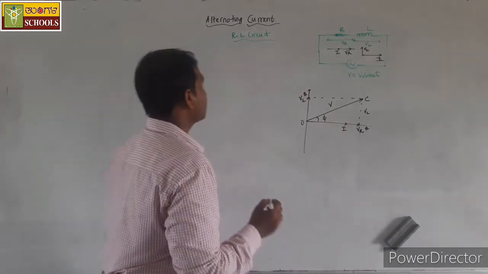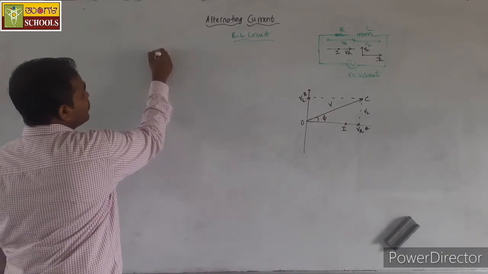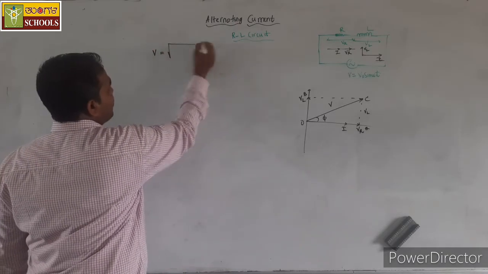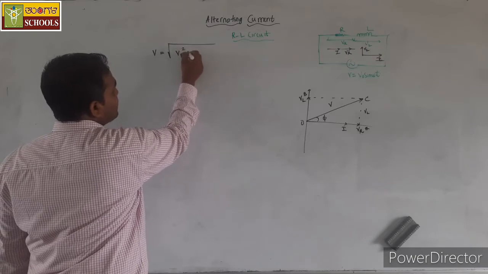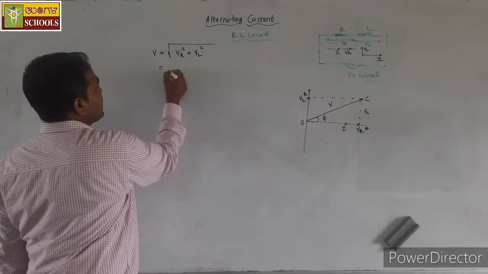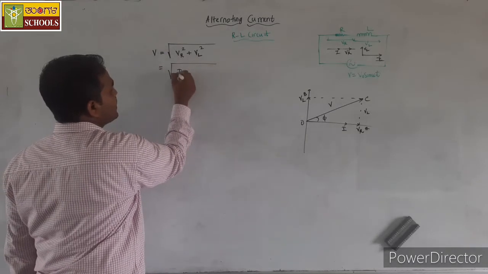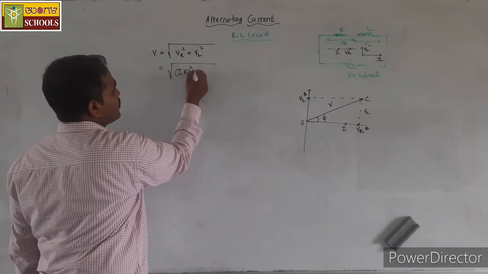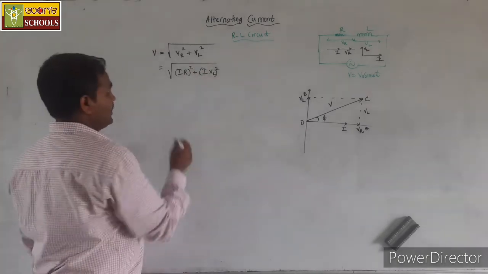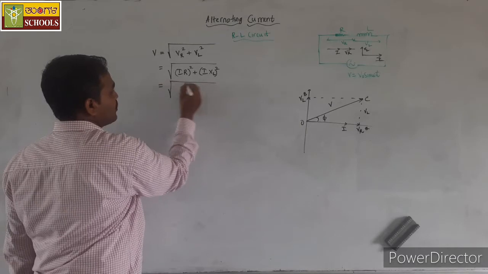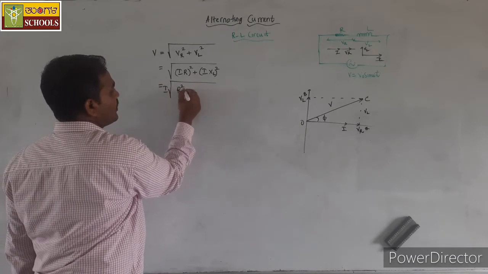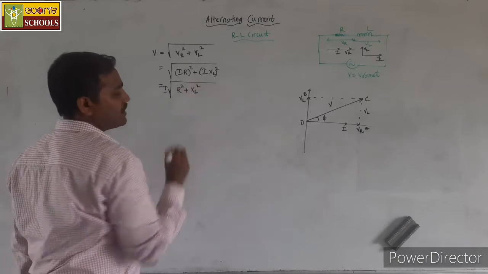Let us write the equation for the resultant voltage. I can write V is equal to square root of VR square plus VL square. This I can write as square root of (I into R) whole square plus (I into XL) whole square, which is equal to I into root of R square plus XL square.